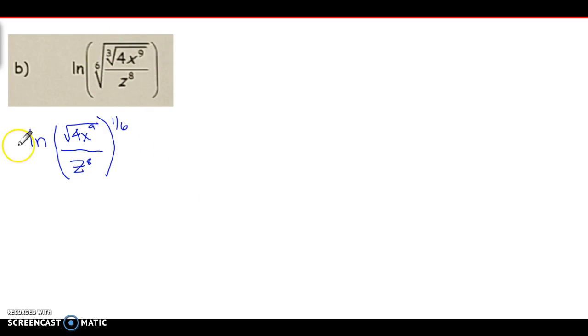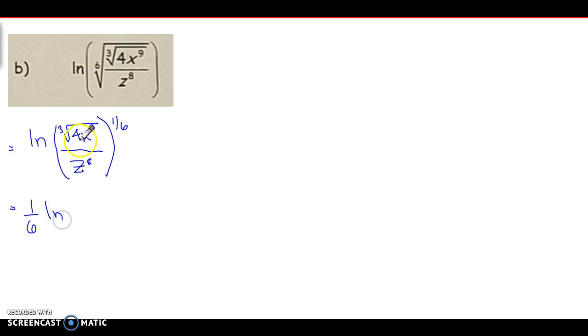So if you look at this carefully, you have actually two expressions in your numerator, the square root of 4 and also the square root of x. That's not actually square, that's cube root. Cube root of 4 and also cube root of x to the ninth. And then, of course, you have one denominator. So this will be a plus, plus, and this is a minus. But before that, we want to put this exponent in front. That would be 1/6.